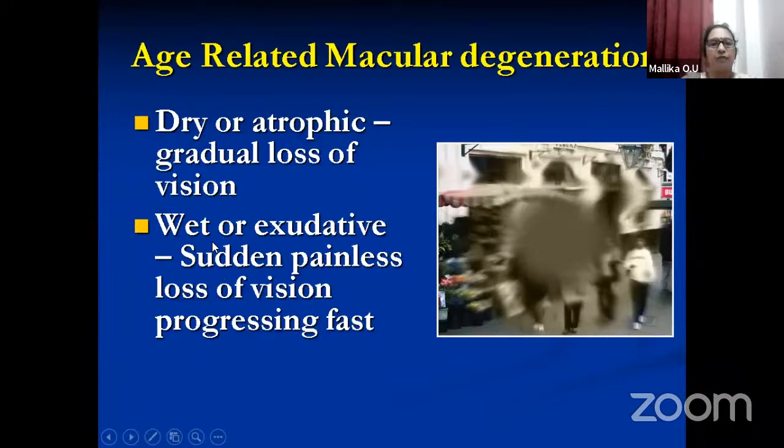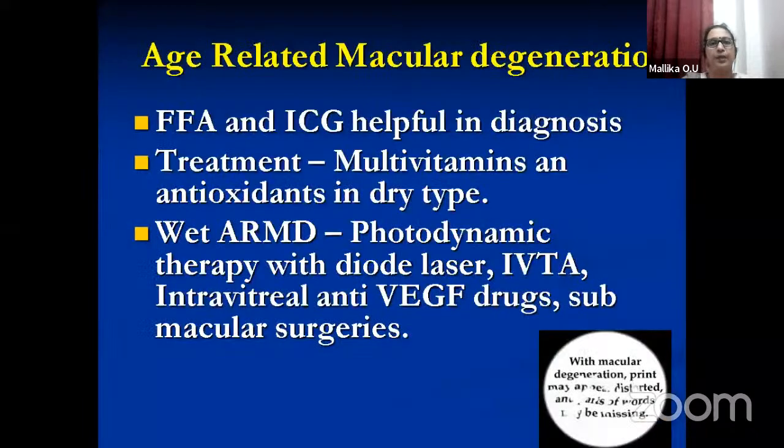Another type is the wet or exudative type of age-related macular degeneration, or AMD, which can lead to a sudden painless loss of vision. It can progress too fast. The diagnosis is made using indocyanine green angiogram, which helps you to visualize the choroidal vasculature.